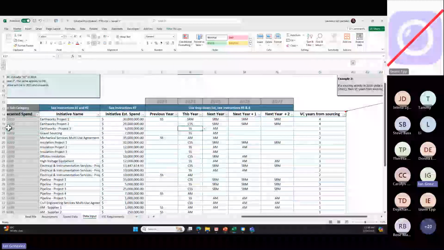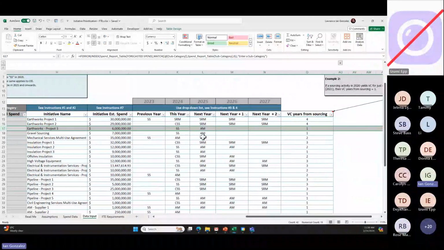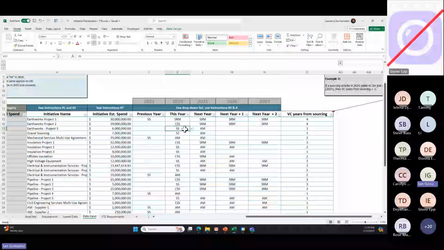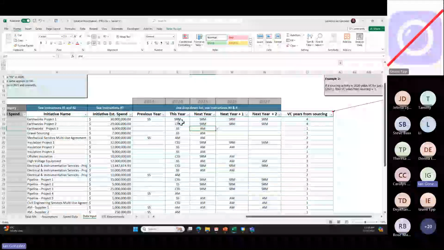Let's say for this initiative, nothing happened last year, but this year is the start of strategic sourcing, and it will be done in 2024. So next year we're just doing agreement management. That's a simple thing. Now something more complex.